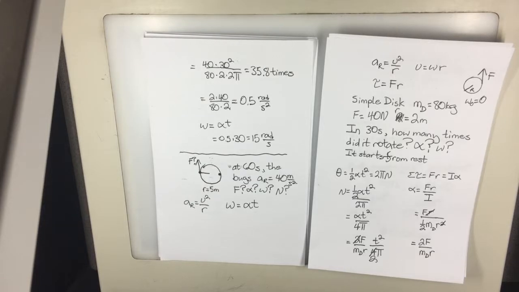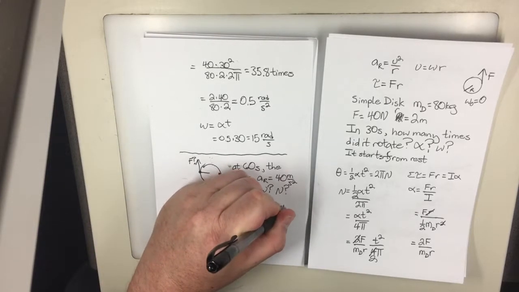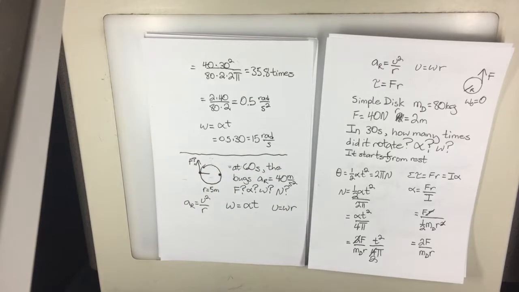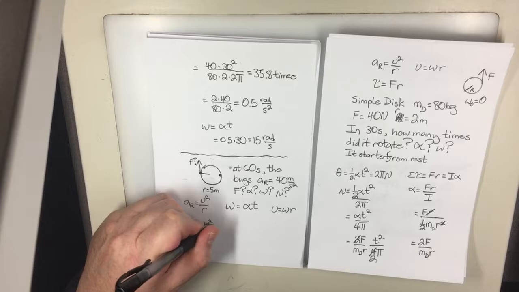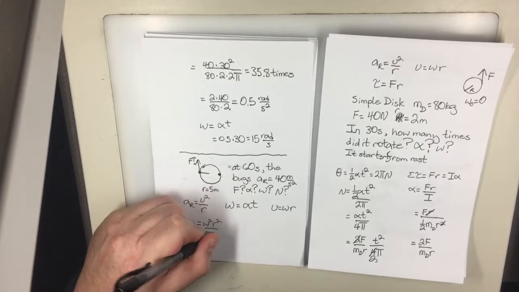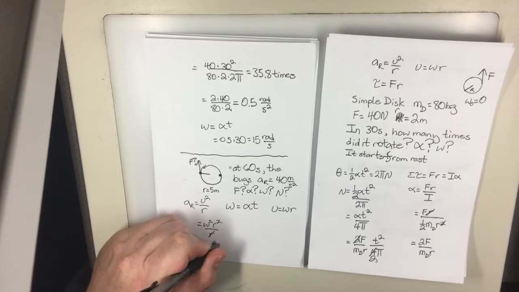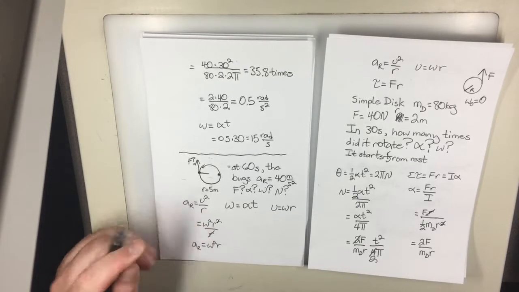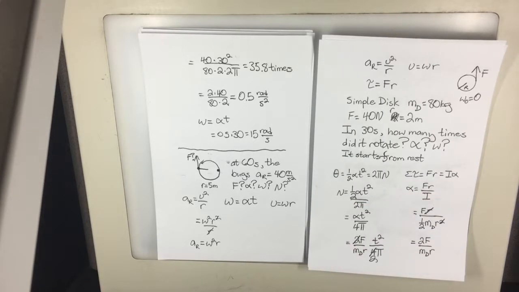Omega is omega naught plus alpha t, but I said it started from rest. I also know that V is equal to omega r. This makes this omega squared r squared over r. So radial acceleration can be rewritten as omega squared r.